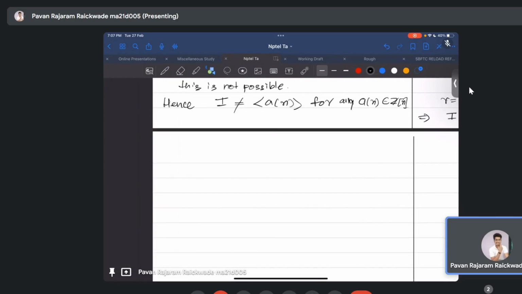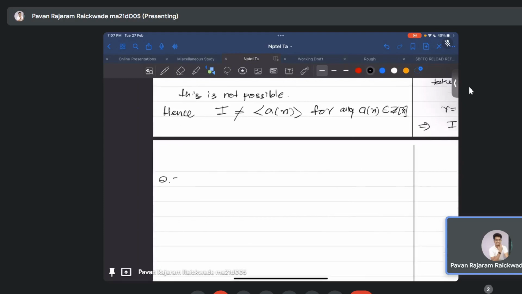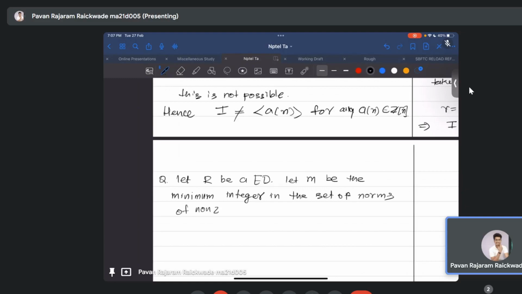Now we will see a question. Let R be a Euclidean domain, and let M be the minimum integer in the set of norms of non-zero elements.